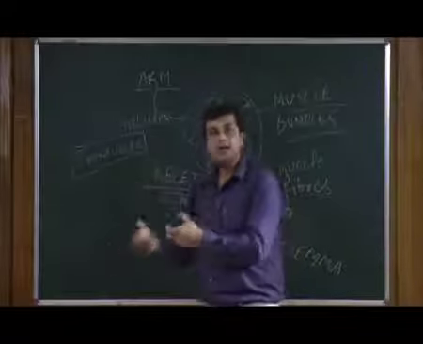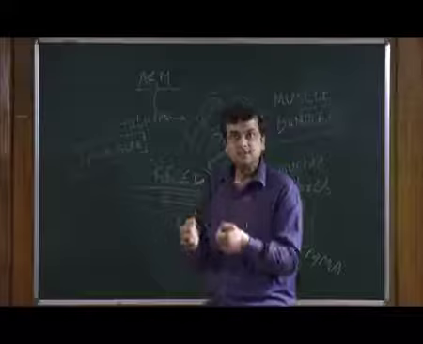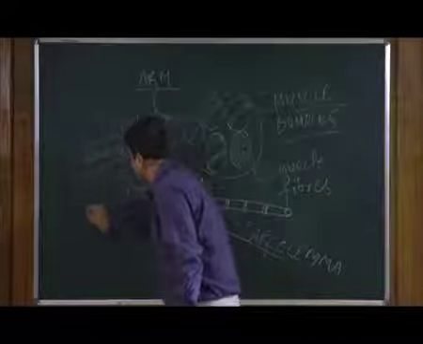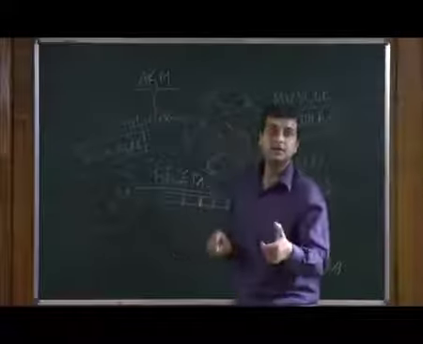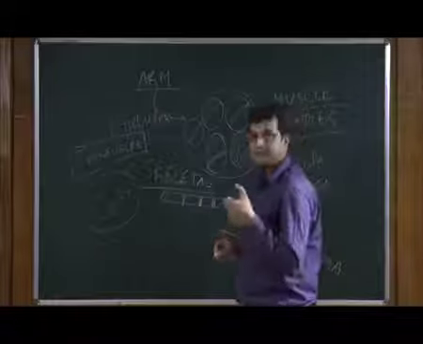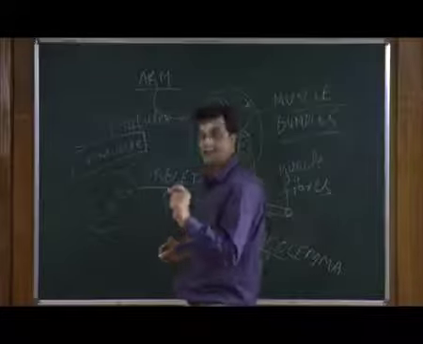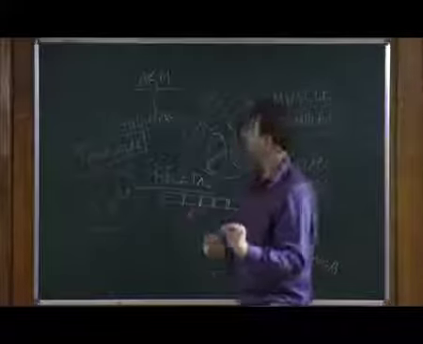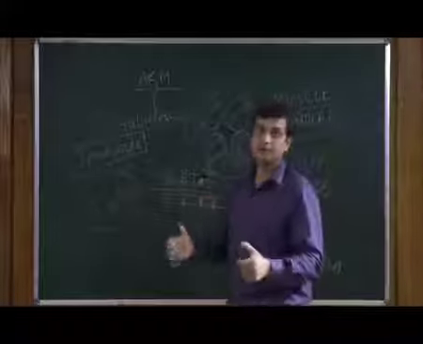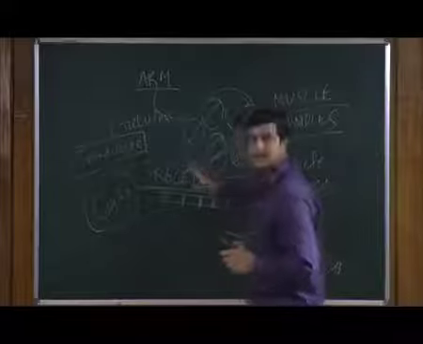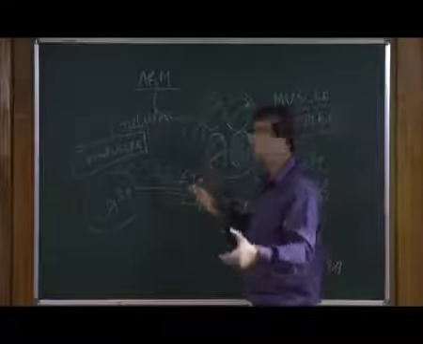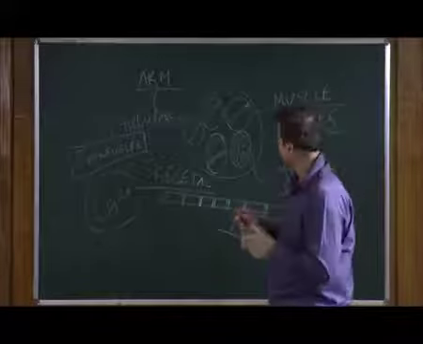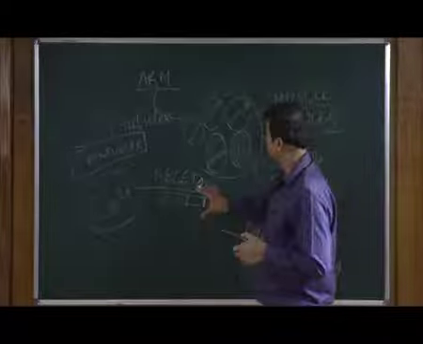This starts with the excitation potential, which comes after the calcium ion influx. We will not go into detail about how this mechanism evolved in human beings, but it is very important to understand that calcium plays a very important role in the contraction of the muscle fiber. We will understand this slowly, in due course of time, when we see the typical features of the muscle fiber in total.